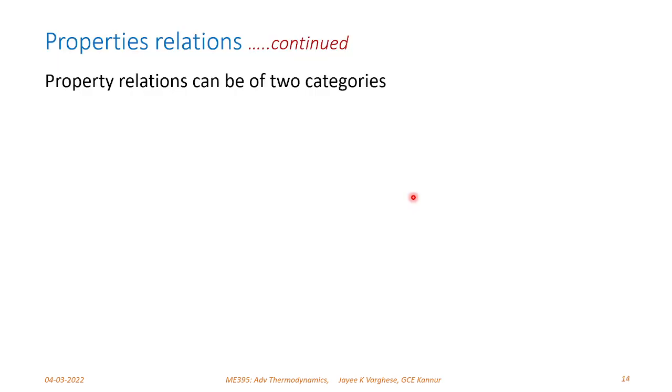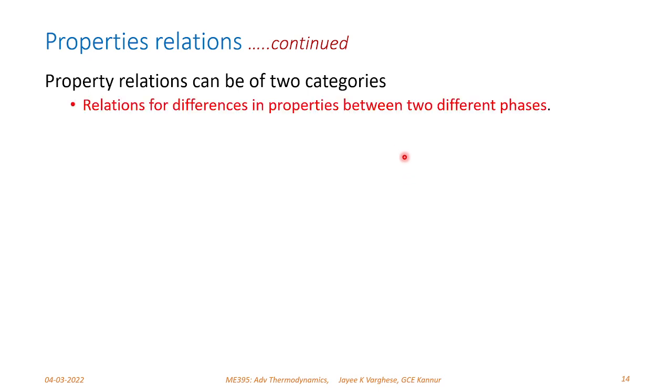Now, the property relations can be of two categories. We can form relations among different properties between two different phases. Suppose a process takes place and the substance changes its phase, typically a melting process or a vaporization process. During these, a phase change takes place.